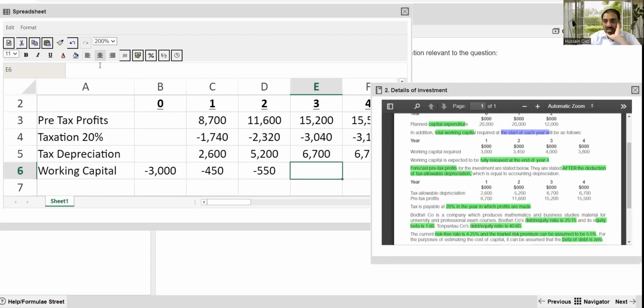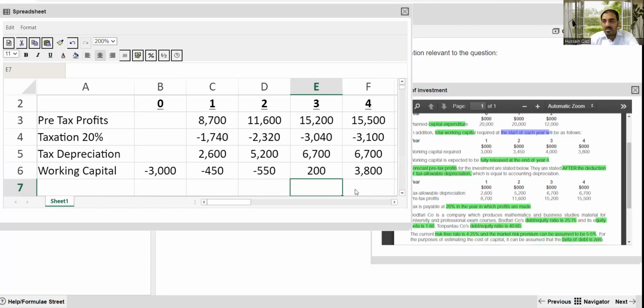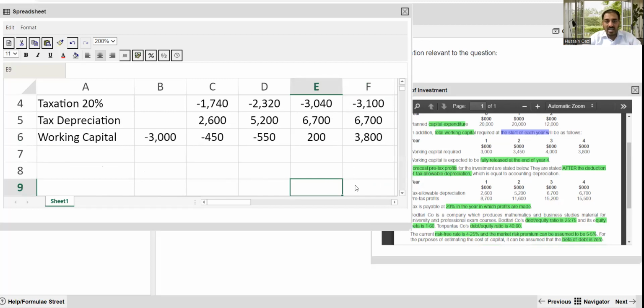It's very simple. Then the total working capital reduced, that's 3,800 minus 4,200. And the remaining 3,800, here the examiner mentioned fully reverse back 3,800. 3,800, that's the working capital.